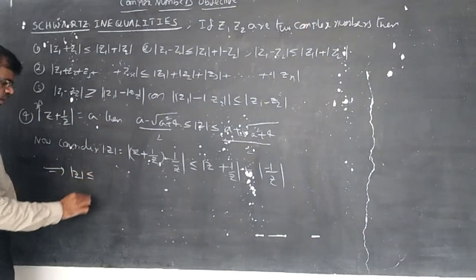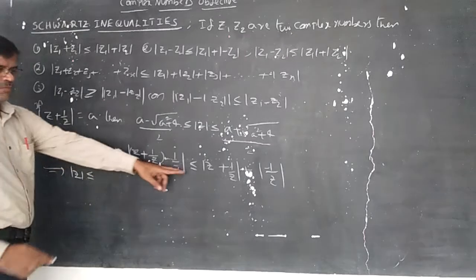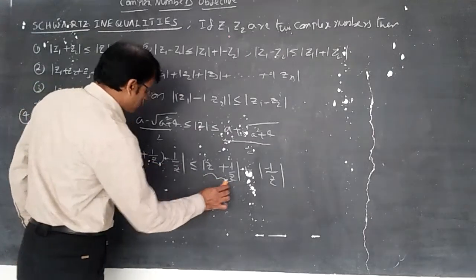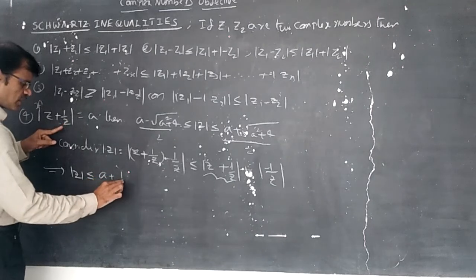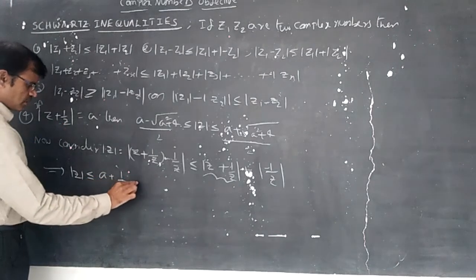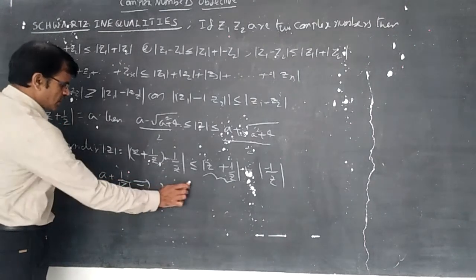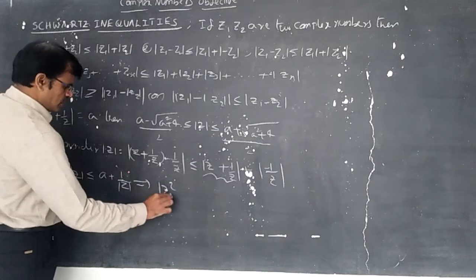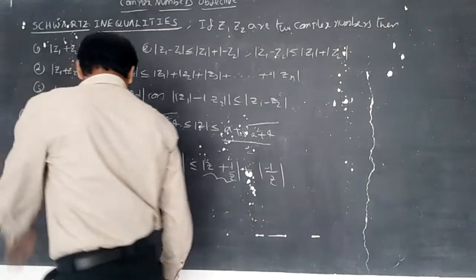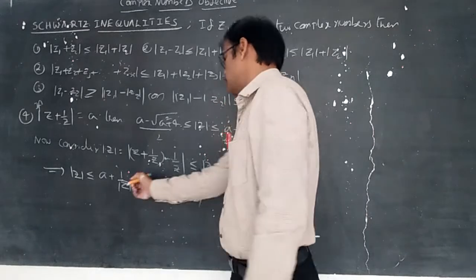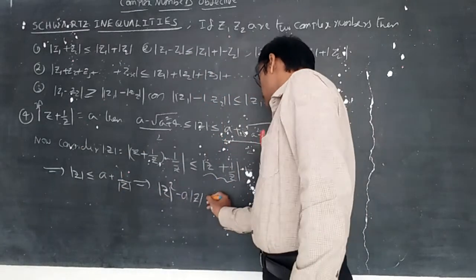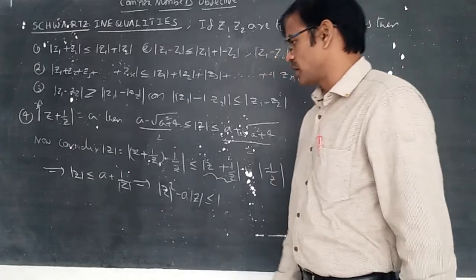Now you can write modulus Z less than or equal to modulus of Z plus 1 by Z, which is A, plus 1 by mod Z. That implies, taking LCM, modulus of Z square minus A mod Z is less than or equal to 1.